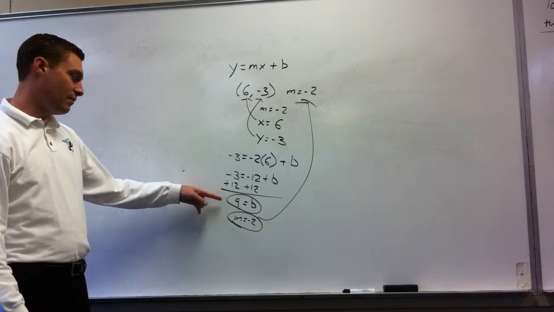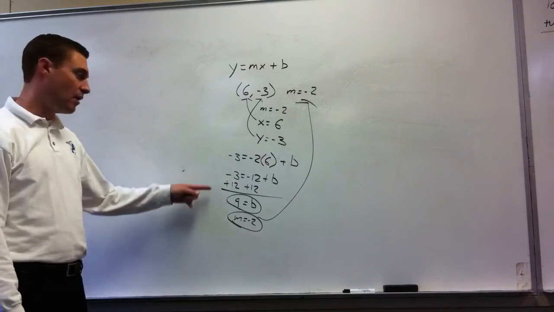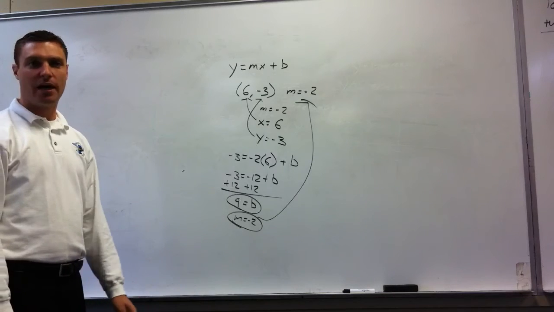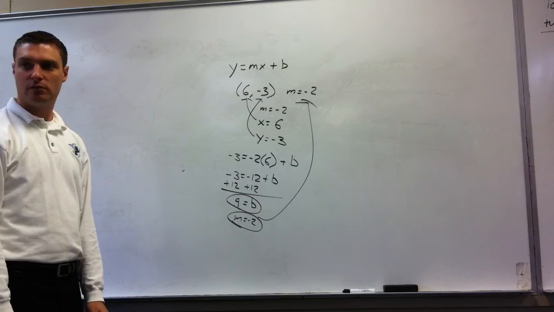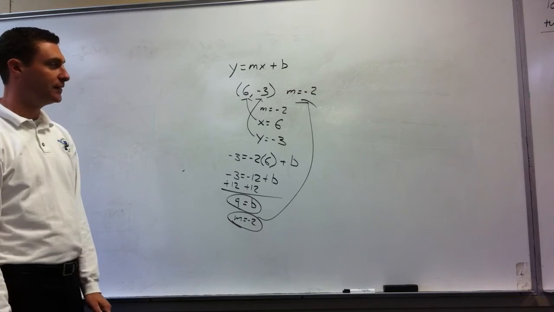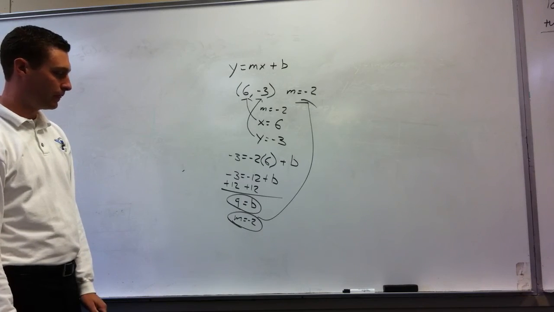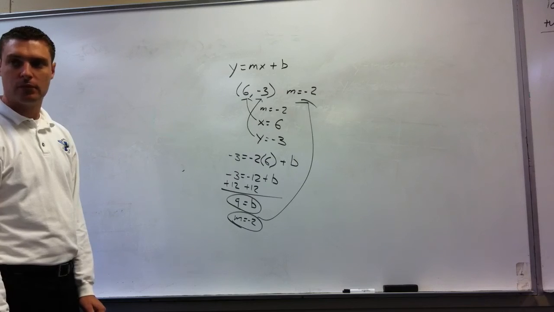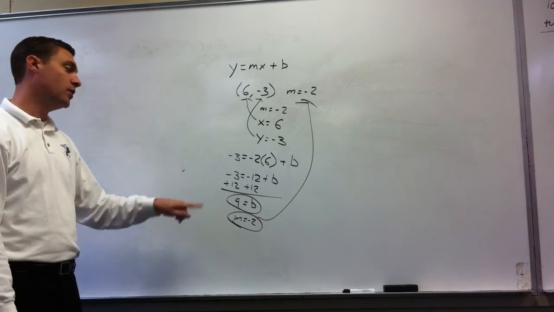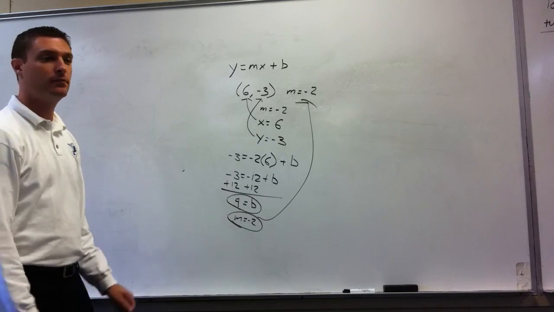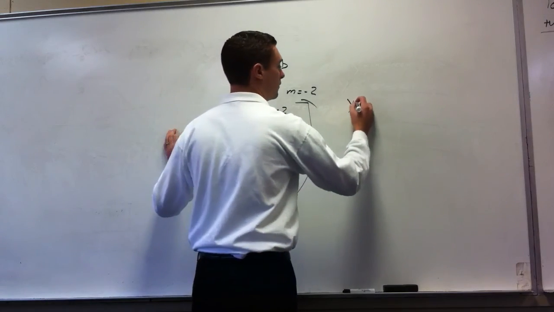So now I know m and b. Now that I know m and b, I can write an equation in slope-intercept form. What would my equation look like? Write an equation in slope-intercept form that has a slope of -2 and a y-intercept of 9. Y equals -2x plus 9.